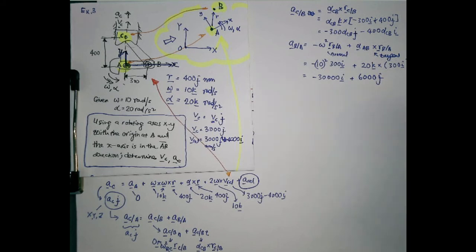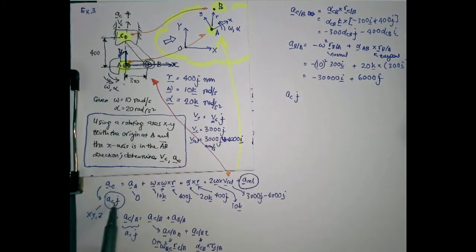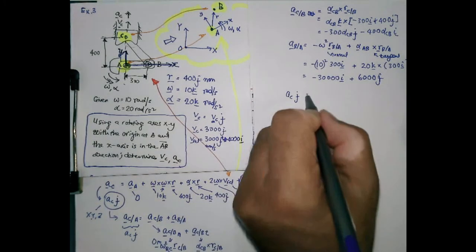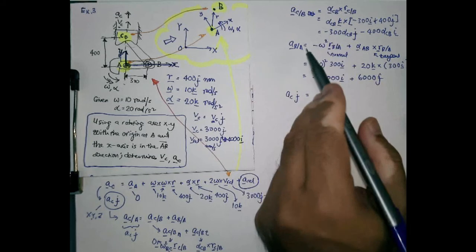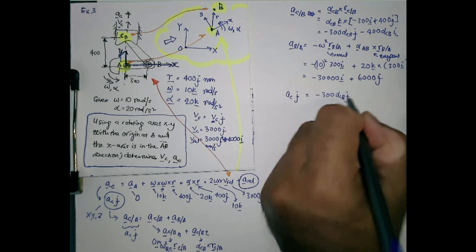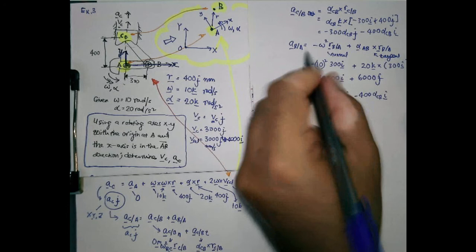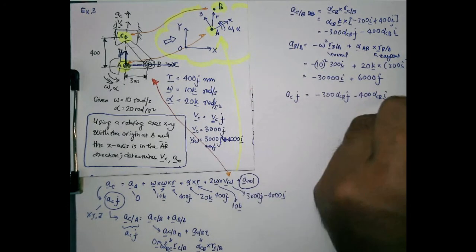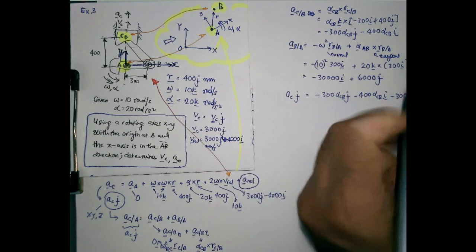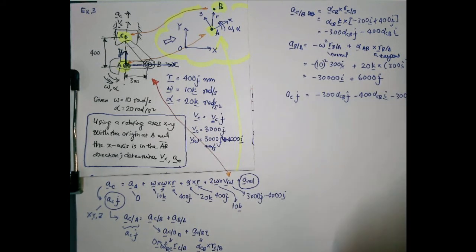So if we rewrite the equation for ACj, it equals AC relative to B, so minus 300 alpha CB j minus 400 alpha CB i, plus this, minus 30,000i plus 6,000j.